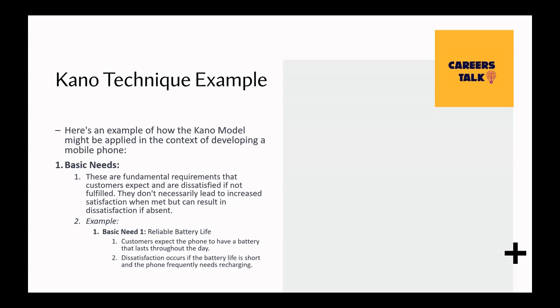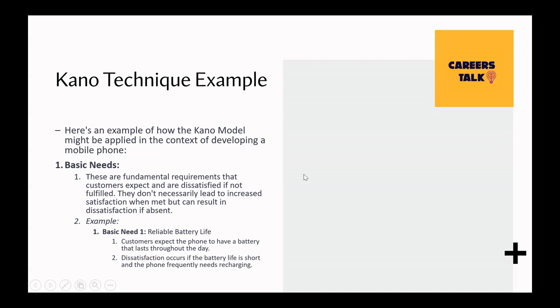So let's go with an example. For example, in the context of developing a mobile phone, what is the basic fundamental requirement? Maybe the basic need is that it should have a reliable battery life.